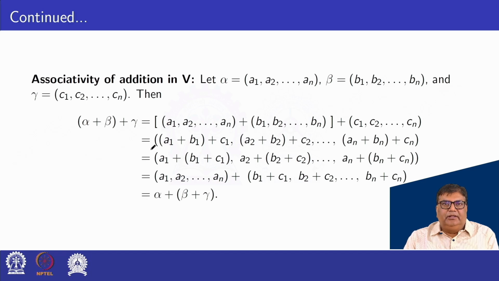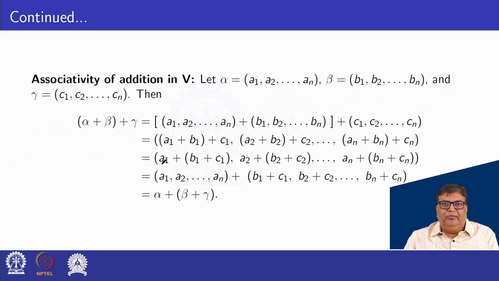These are also n-tuples. So these n-tuples can be written as (a1 plus b1 plus c1) together, (a2 plus b2 plus c2) together, and so on, (an plus bn plus cn) together.